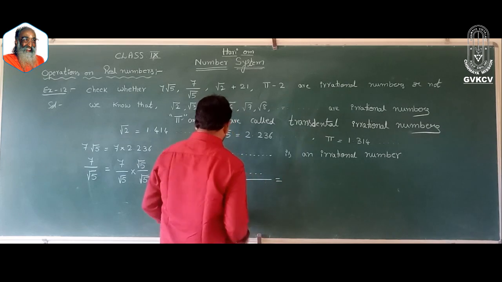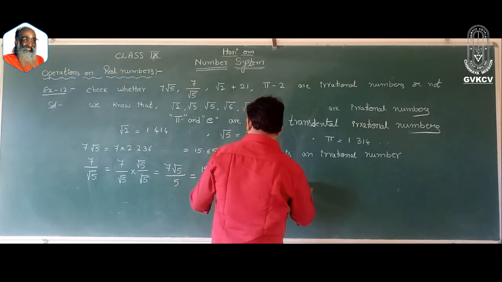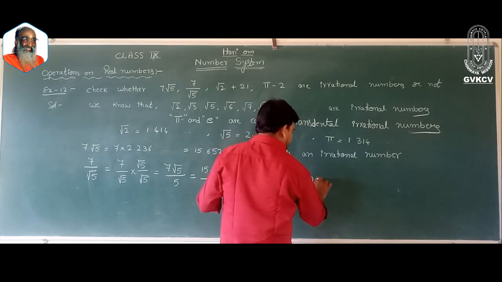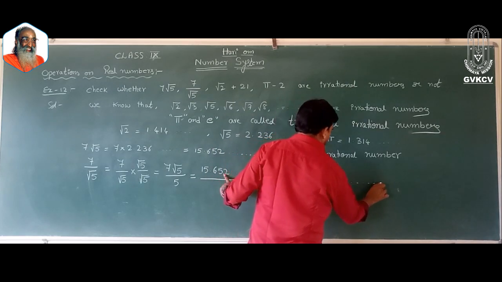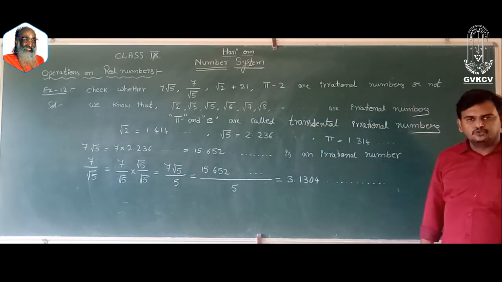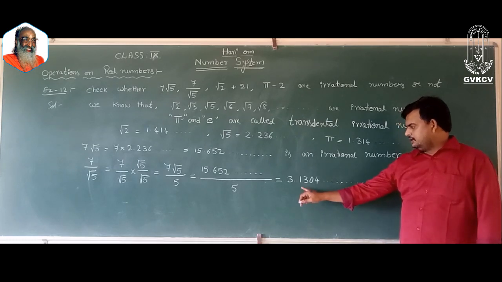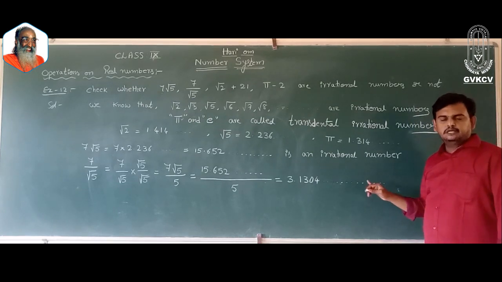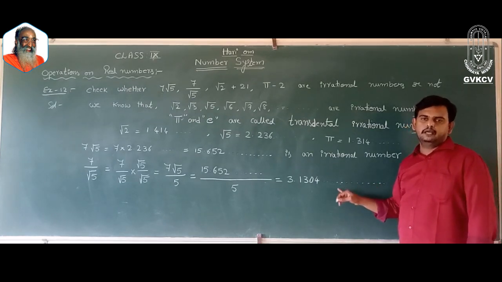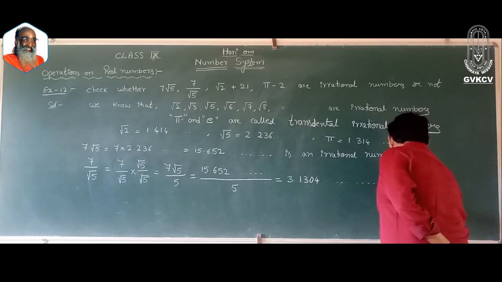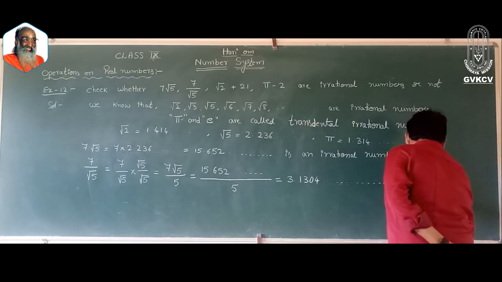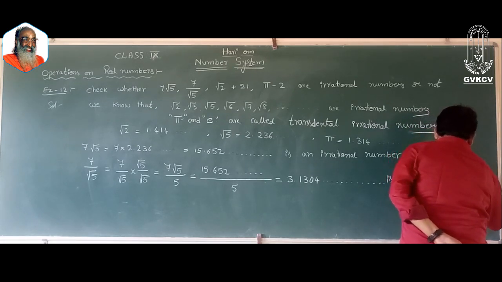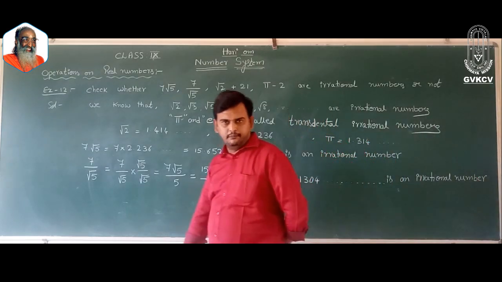When we simplify this, 5 threes are 15, 5 ones are 5, 5 threes are 15, 5 zeros are 0, approximately 5 fours are 20, and so on. So here also 1 3 0 4 and so on means it is a non-terminating and non-recurring decimal. It is also an irrational number.